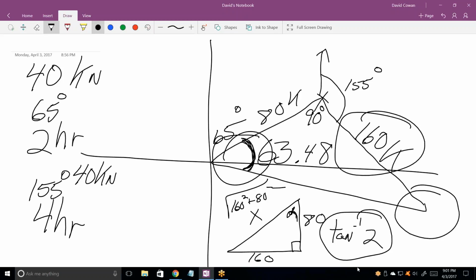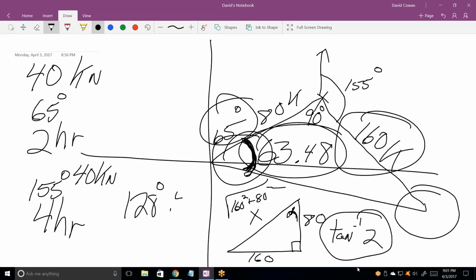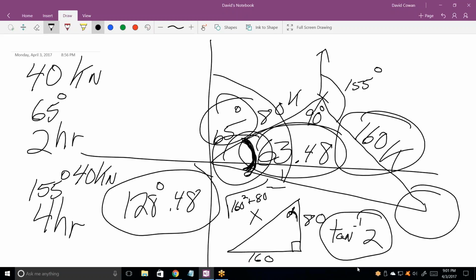So our new bearing, if you look at my picture, since 63 is the measurement of that triangle angle right there, then our bearing has to be 65 degrees plus 63 degrees, or 128.48 degrees. That's this total angle from there to there. Yeah. So we added it to 65.